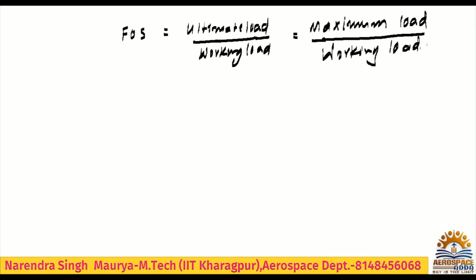So for that reason factor of safety is required. Factor of safety is the one reason of the load. Up to that component where the load is applied, the component will be safe. Suppose this is the working load to maximum load.